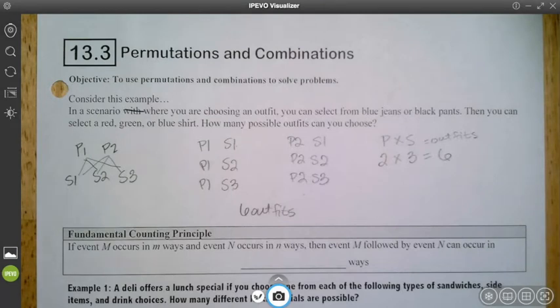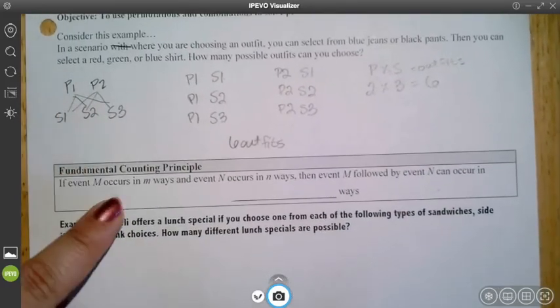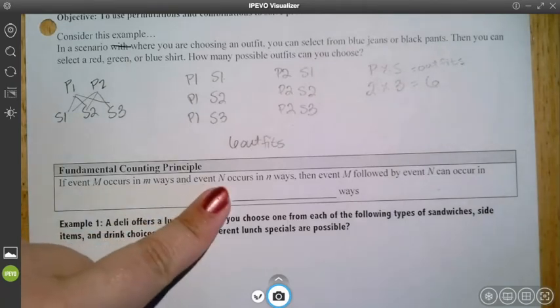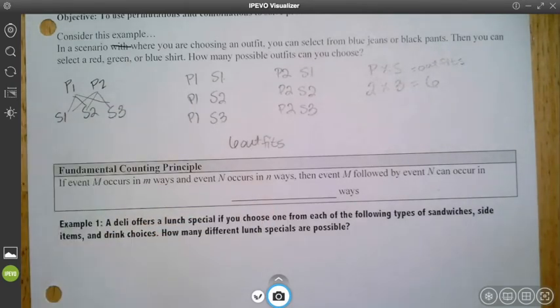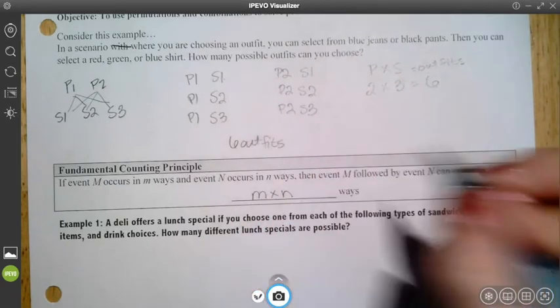Okay, and we call this the fundamental counting principle. So if event M occurs in M ways, so if I have M options to choose from, and event N occurs in N ways, and I have another set of options to also choose from, then we can choose those two things together in M times N ways.